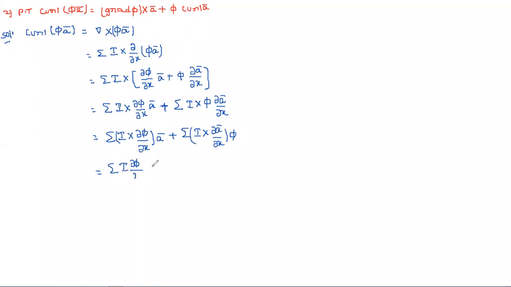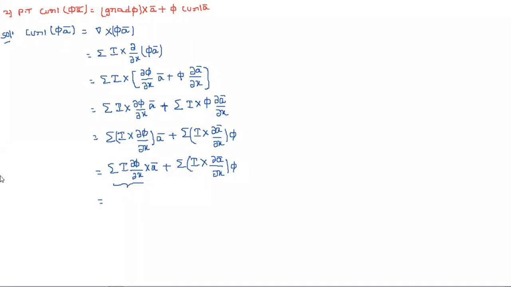So this equals summation i dou phi by dou x cross a bar plus, and we make no changes in the second term, i cross dou a bar by dou x into phi.